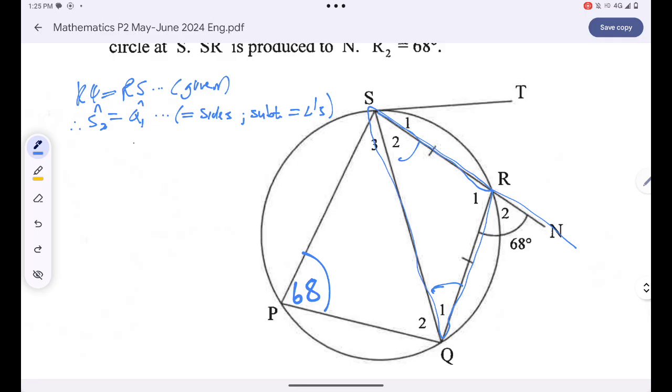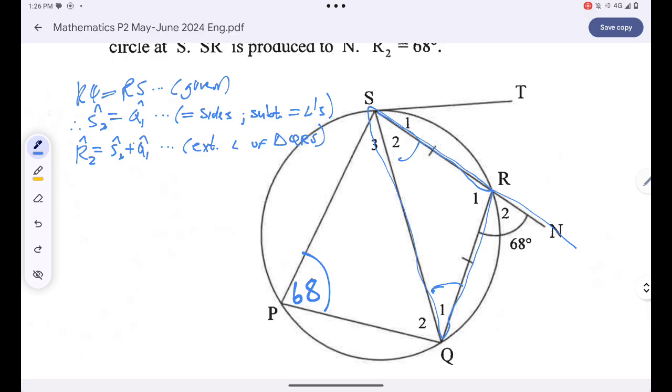Now what else do I know? I know that angle R2 is equal to angle S2 plus angle Q1. This is an exterior angle of triangle QRS. R2 is an exterior angle of the triangle.